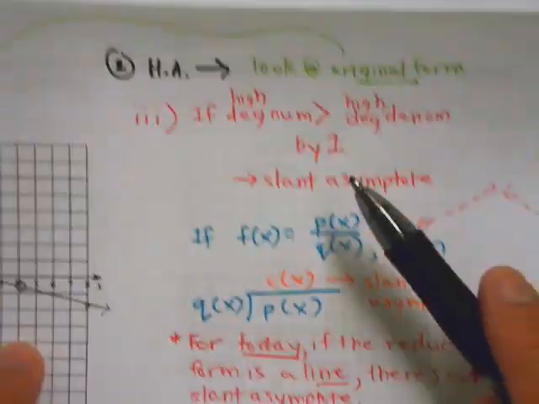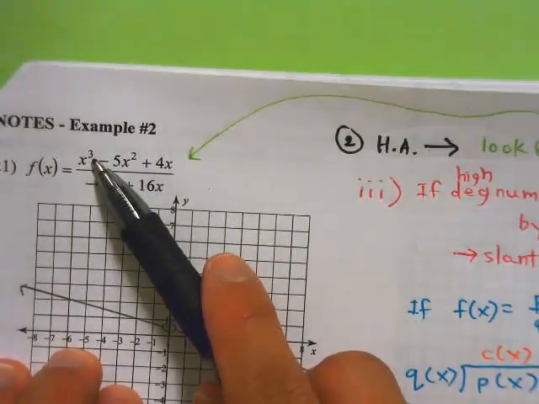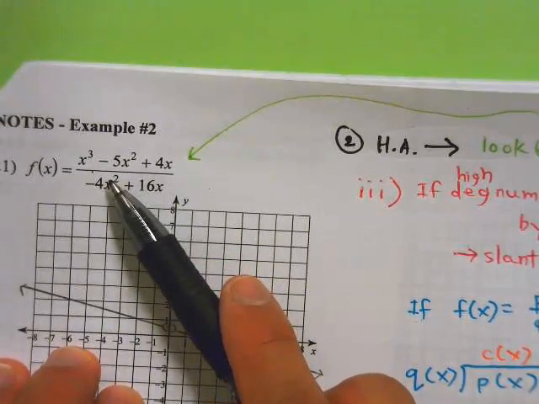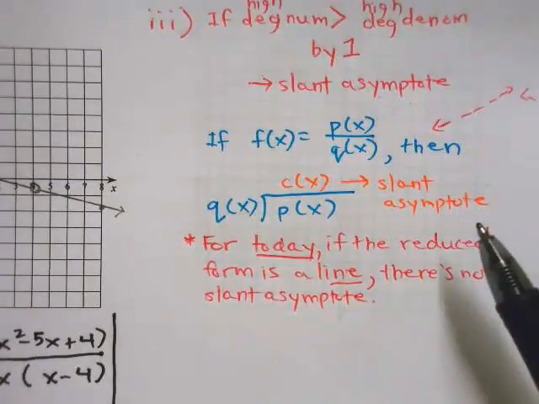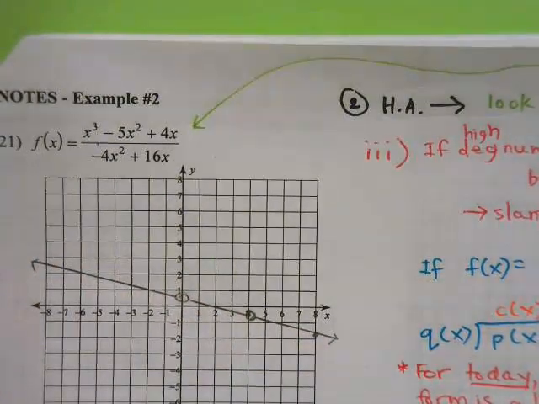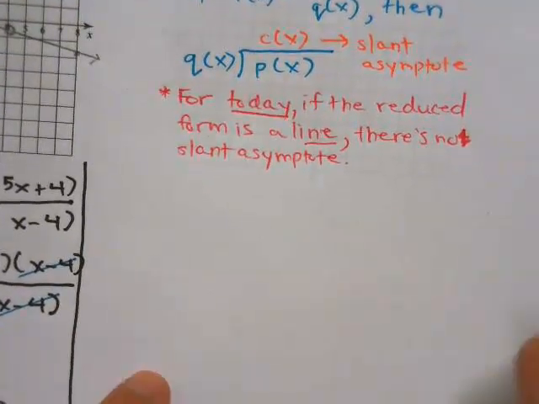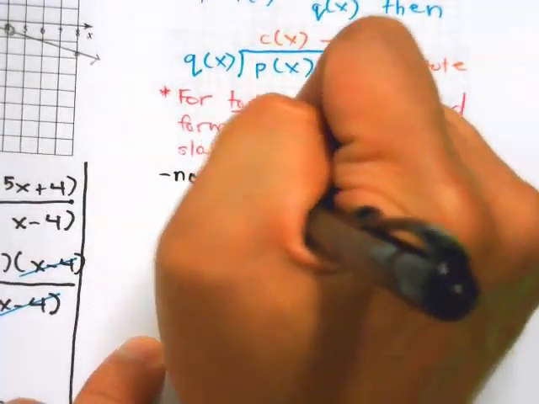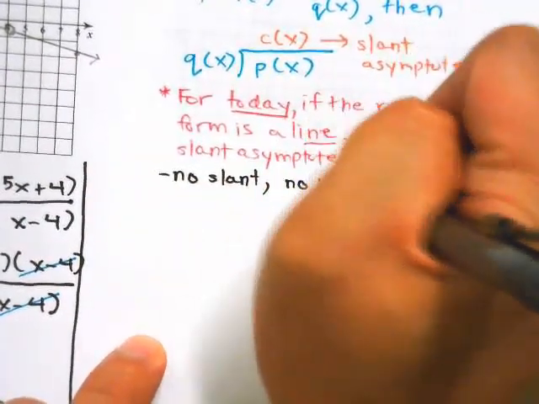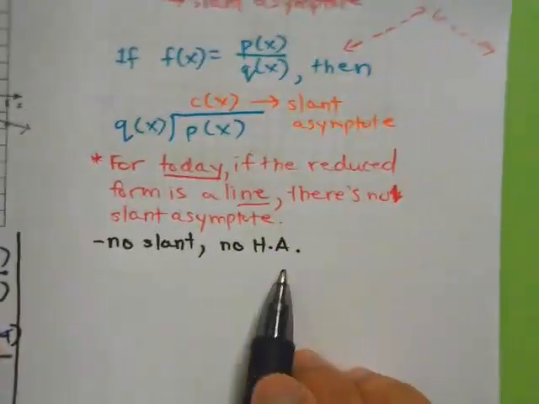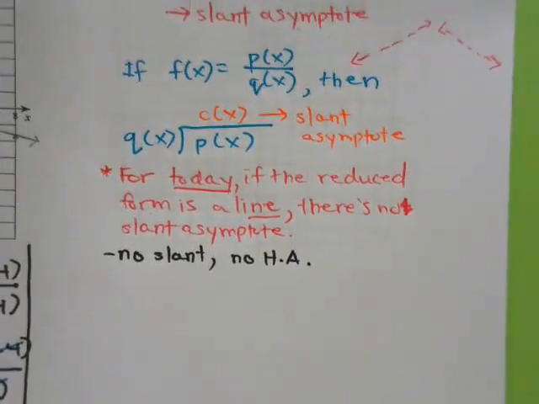Okay. The degree in the numerator is higher than the highest degree of the denominator by 1, but because our reduced form is a line, we're not going to have a slant asymptote. We have a line already. So for this specific example, there's no slant, and there's also no horizontal asymptote as well, because it didn't qualify us to get those.